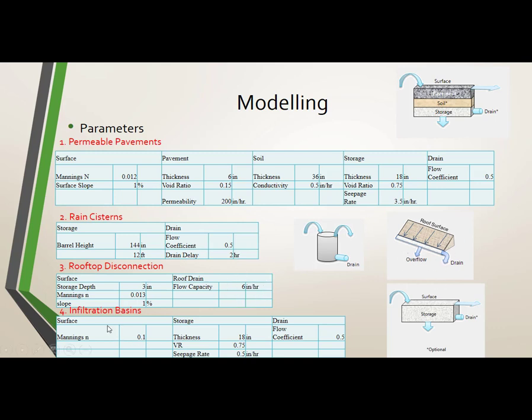For the infiltration basin, the Manning's constant is assumed at 0.1, which means it's a rough surface because of the presence of pebbles and gravel, and the storage is 18 inches with a seepage rate of 0.5 inches per hour, and the flow coefficient, as we said, for the orifice is 0.5. We can also see in the visuals how the pavement layer, soil, and then storage function as the rain falls and penetrates, and then we get the drain when it's extra, and the rest of it infiltrates.